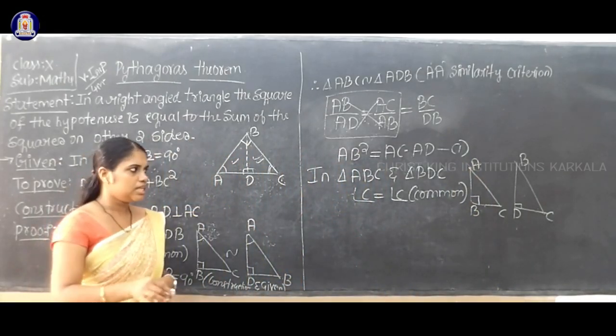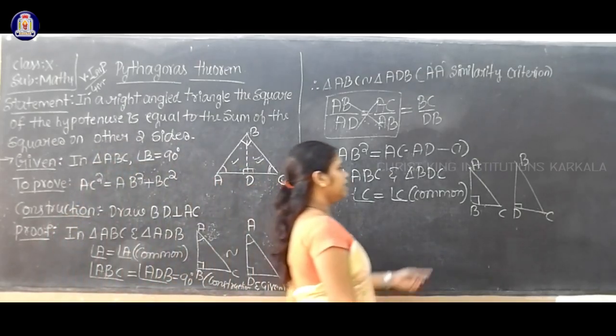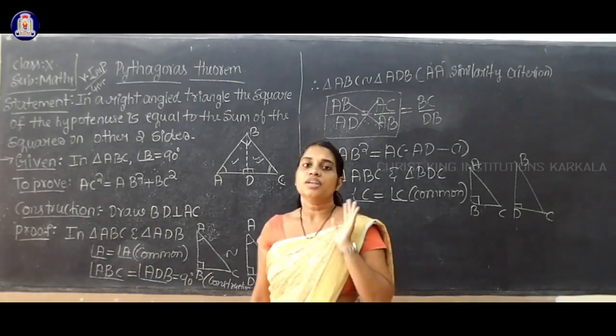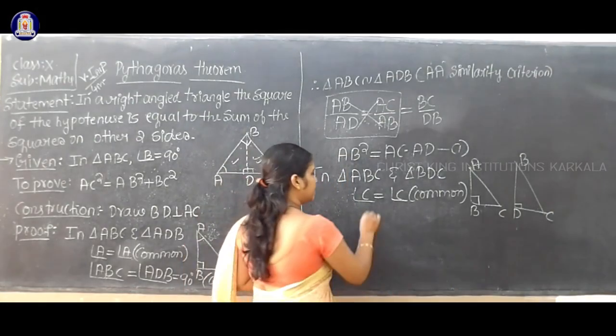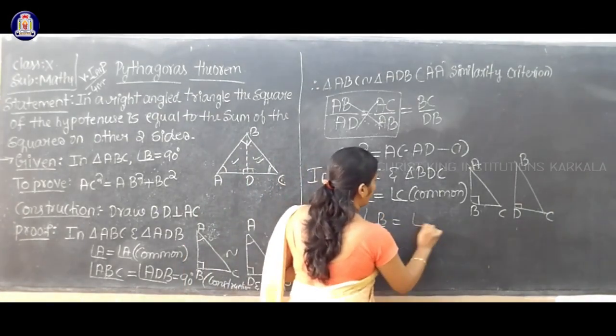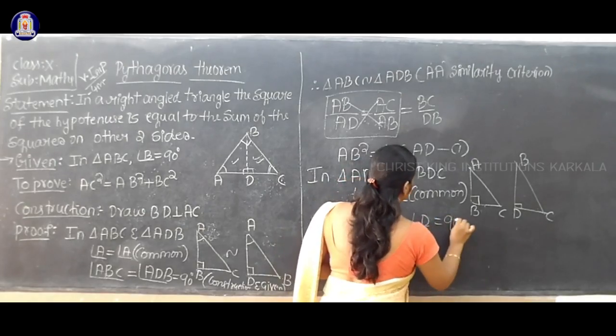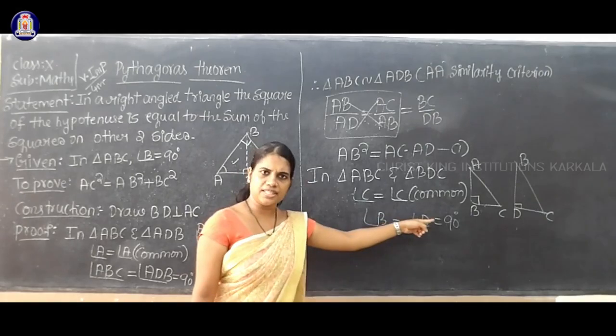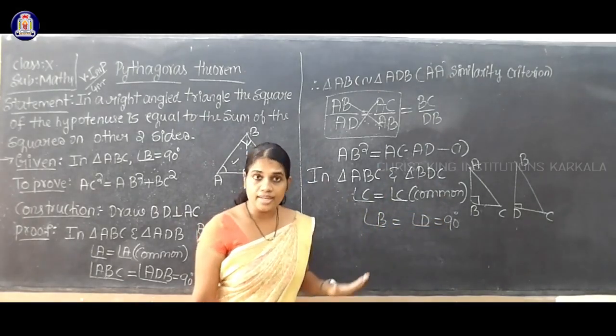Once again, the angle at the point B and the angle at the point D are equal to how much? 90 degree. But can I write angle B is equal to angle D is equal to 90 degree by single letters? No. Why?